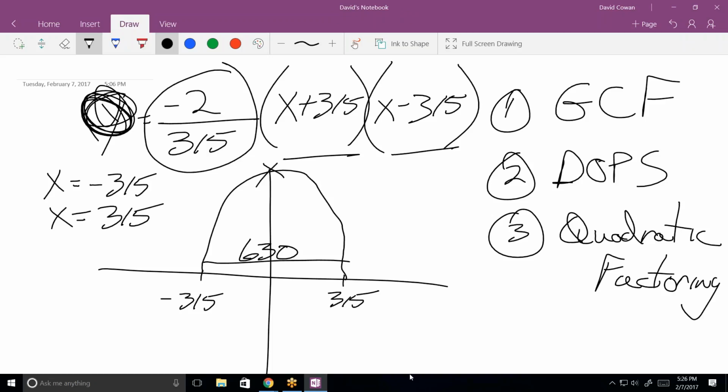Now, how do I find this value right there? That's the height of the tunnel, on the y-axis. What's the value of x right there? I'm sorry to use an x. I'm trying to figure out that y value. Well, what's the value of x at that point?